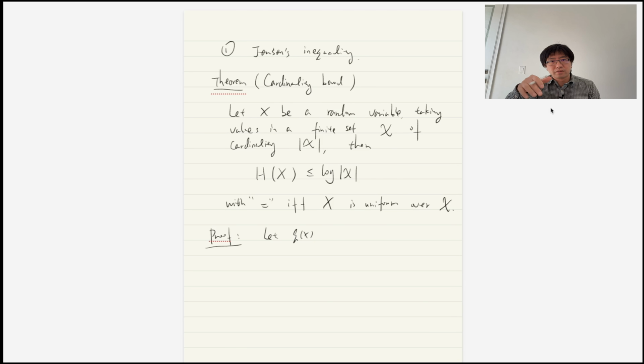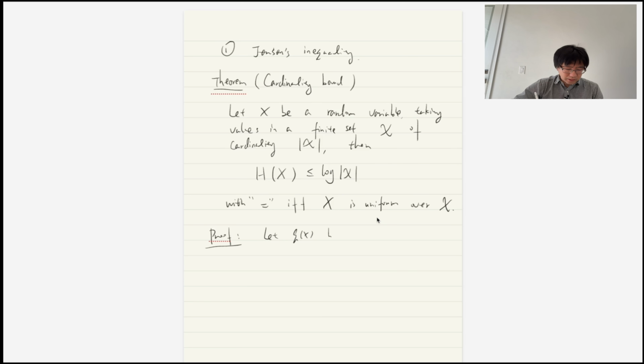One is the distribution of X, and the other, from this theorem, we can guess: the entropy achieves its maximum for a uniform distribution, so we want Q to be uniform. Then we compute the relative entropy between P and Q, and since it is bigger than or equal to 0, somehow we can derive this inequality. Let's see how exactly.